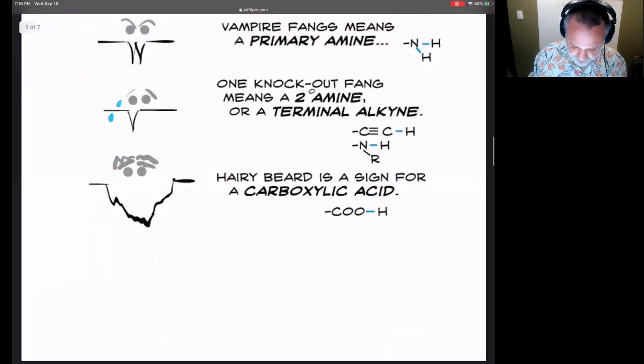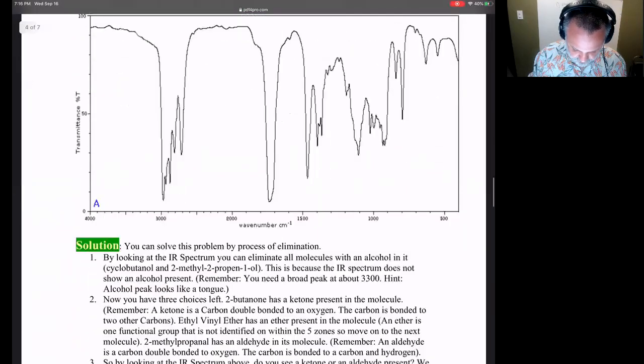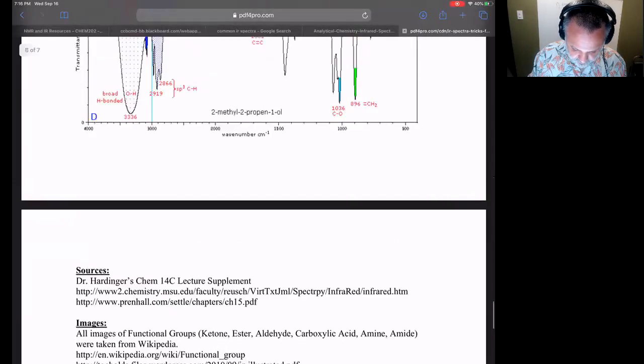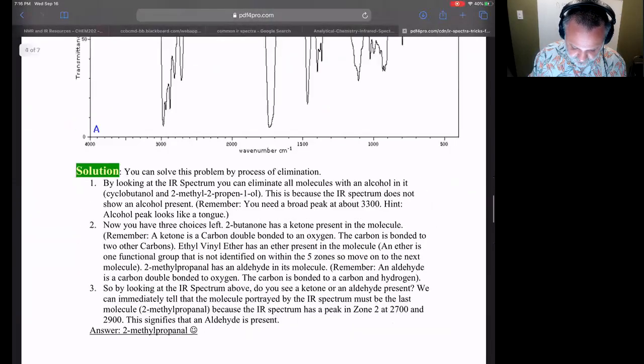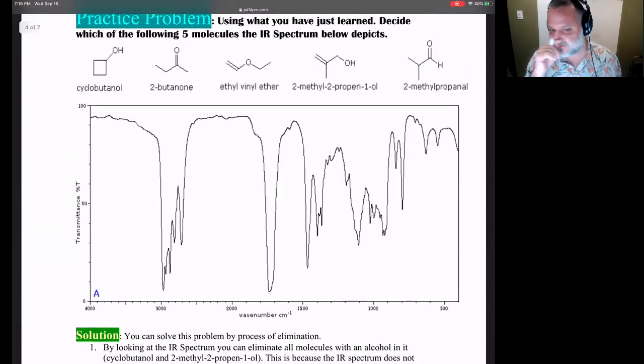So here's an example, right? This one is from Dr. Hardinger, and this is his class. He says, let's take this structure and see if we can match it up to one of these 5 different possible isomers. So let's take a look.